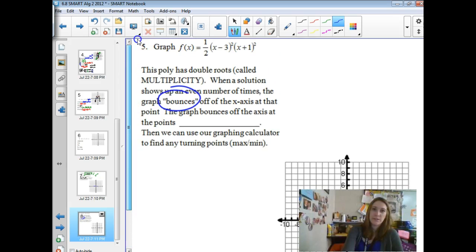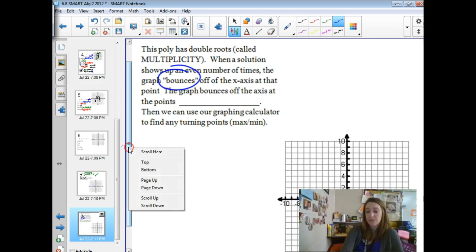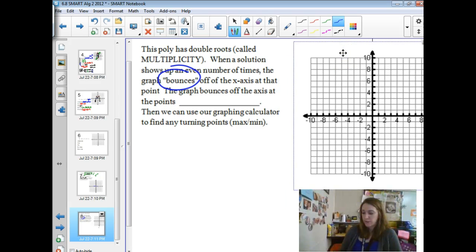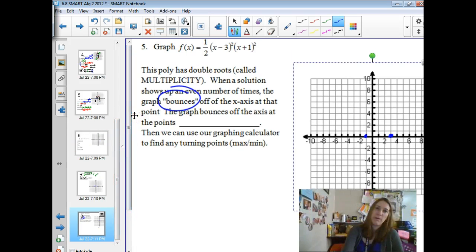Over here, there's also an x-intercept, supposedly at negative 1, but it's got even multiplicity, so it's going to bounce again. So let me get this curve up here. Alright, so I said 3, negative 1. Again, you can use your graphing calculator to help you with that part. However, if I look closely, it's a fourth power because it's x squared with another x squared, so it's like a W graph.